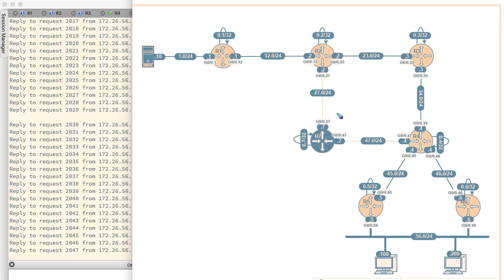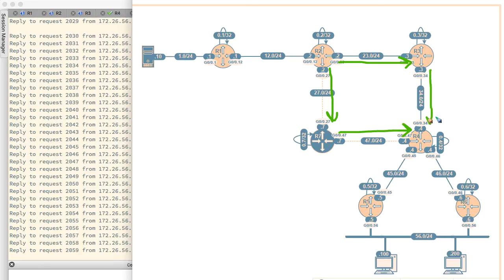So R2, remember, sends the packets down to R7 and sends them to R3. R7 should send them to R4, and R3 should send it to R4. But when R3 sends it to R4, remember, it's a non-RPF interface. In addition, R4 should also be forwarding a packet back to R3.